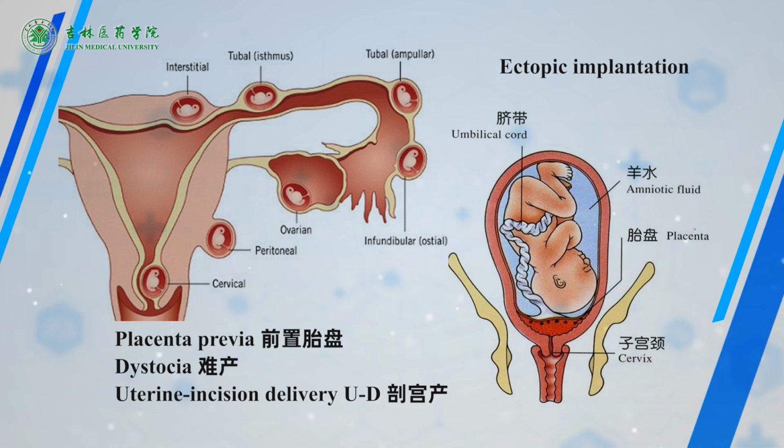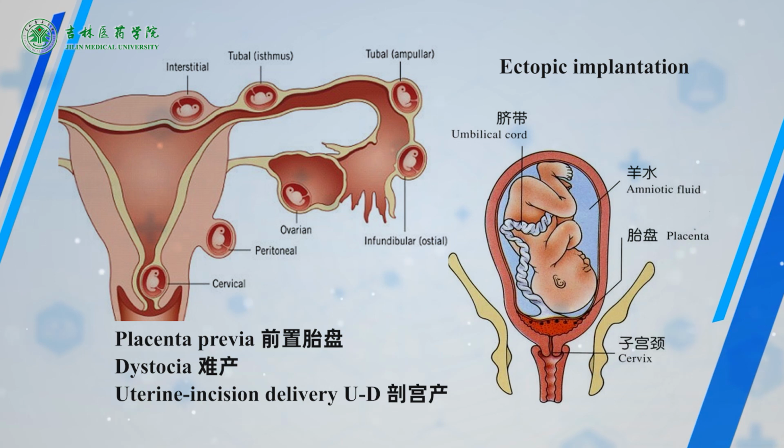If implanted outside the uterus, it is called ectopic pregnancy, which often occurs in the oviduct, and is occasionally seen in the broad ligament of the uterus, the mesentery, the rectouterine pouch, or even the ovarian surface.